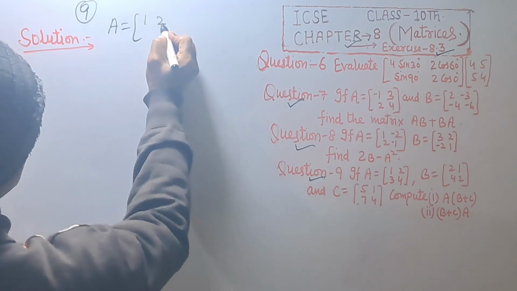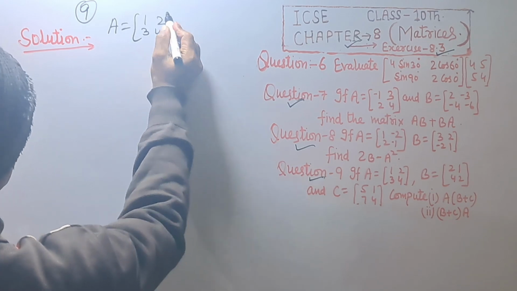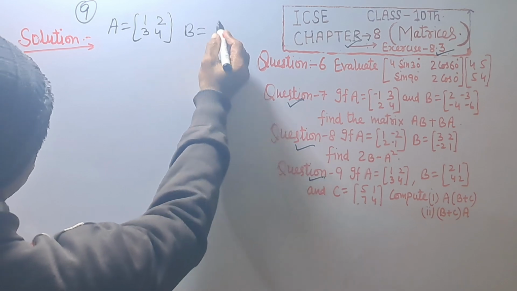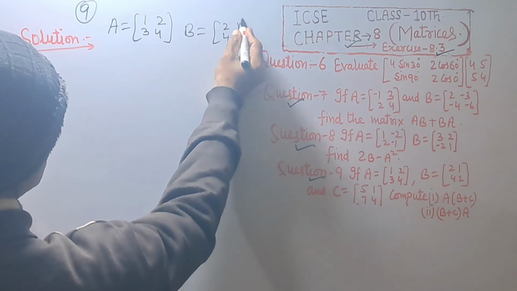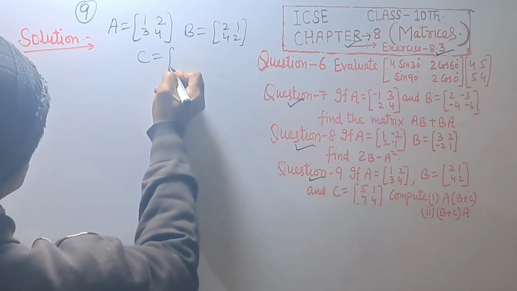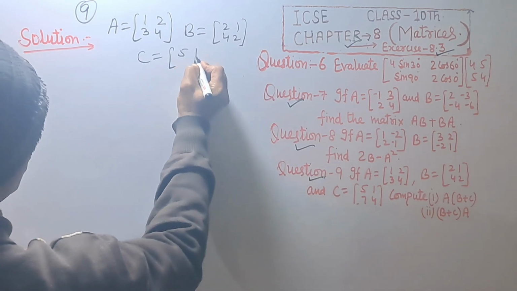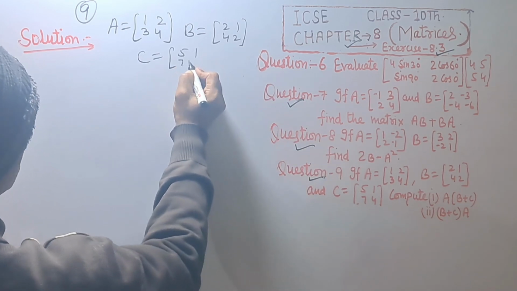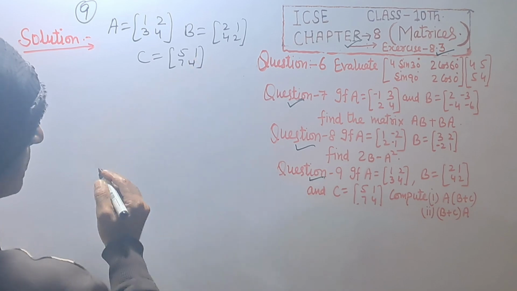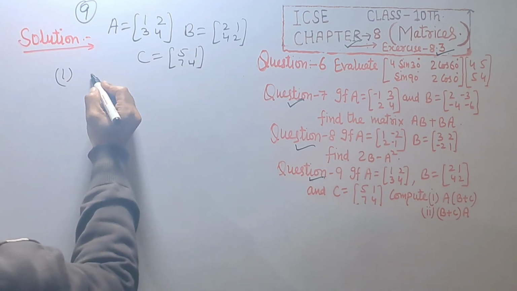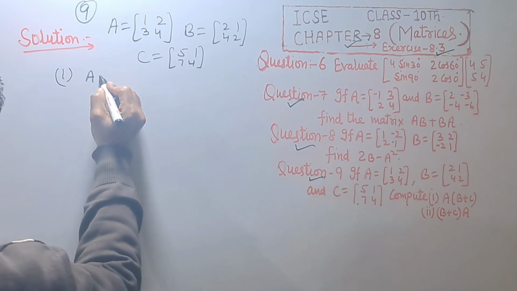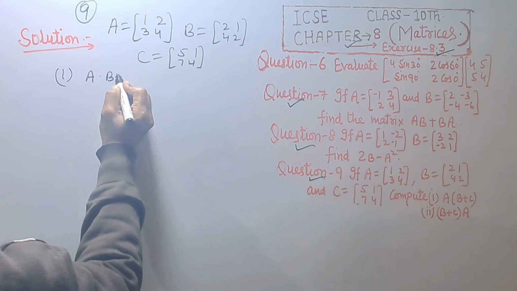A is [1, 2; 3, 4] and B is [2, 1; 4, 2]. C is equal to [5, 1; 7, 4]. First part A into B plus C.